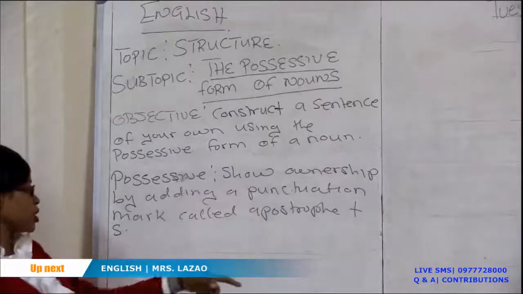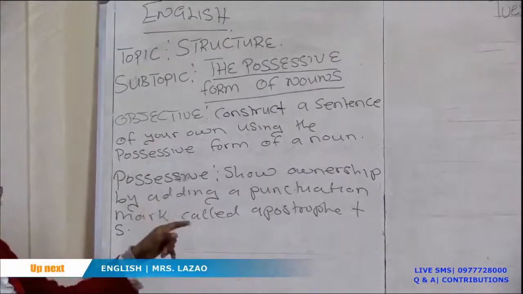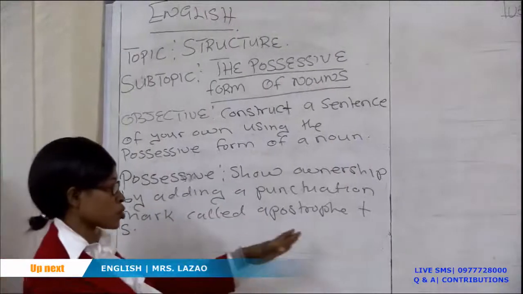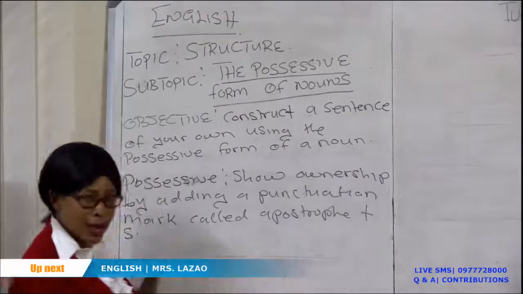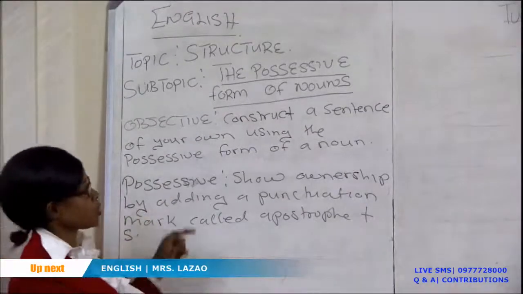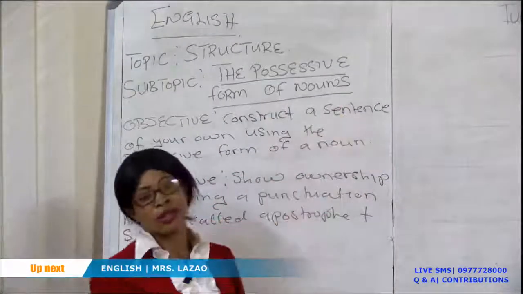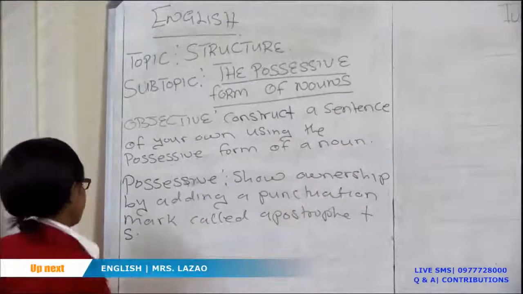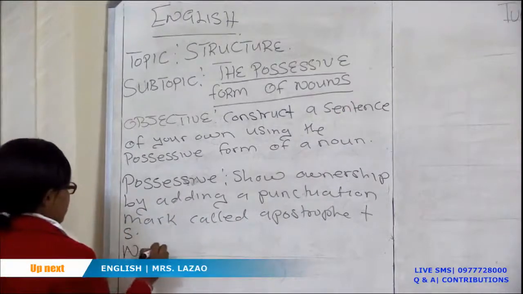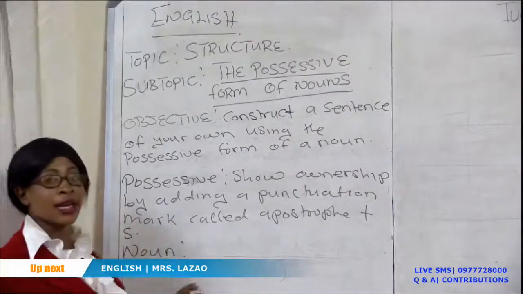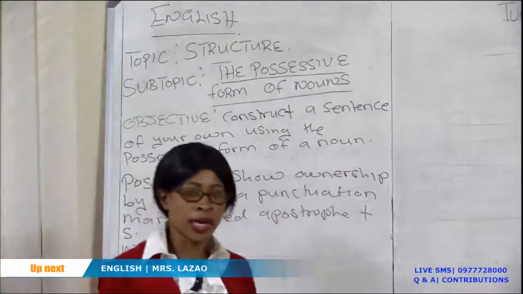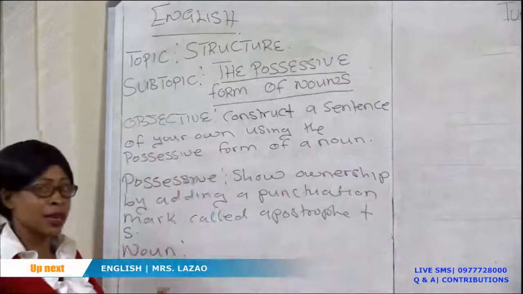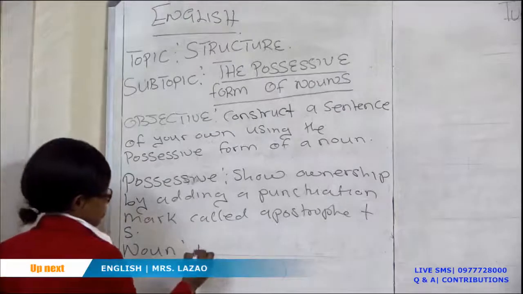Possessive shows ownership by adding a punctuation mark called apostrophe plus S. Okay. Then let's look at the word noun. What is a noun? Okay. A noun is a naming word.